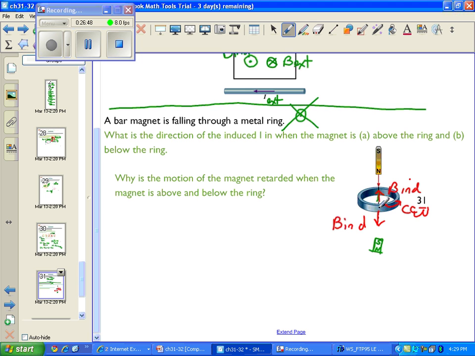If we use the right-hand rule here, we find that the direction of the current is actually in the clockwise direction. So this is what happens when the magnet is below the ring, and this is what happens when the magnet is above the ring. All applications of Lenz's law.